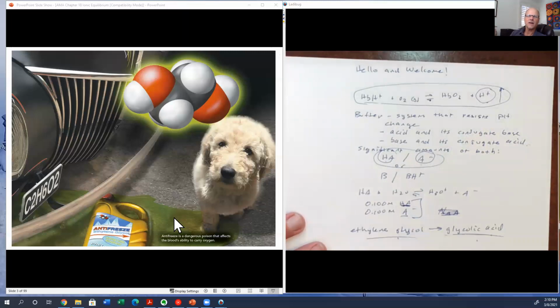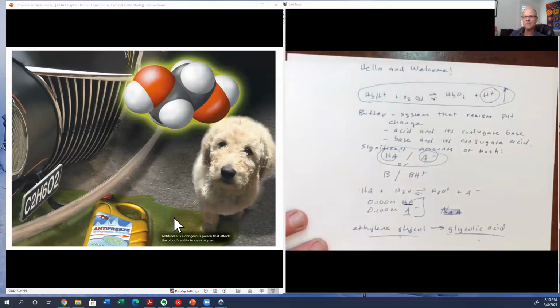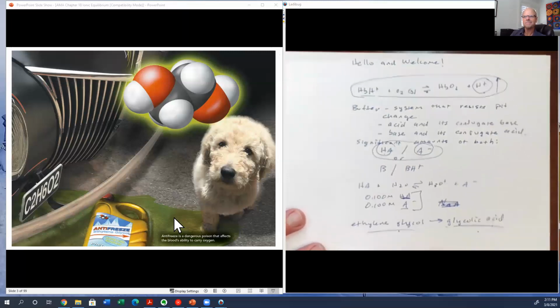So the vodka, of course, is going to get the dog hammered, but it's going to save its life, because instead of the ethylene glycol being converted to glycolic acid, you've got ethanol being converted to much less harmful products.